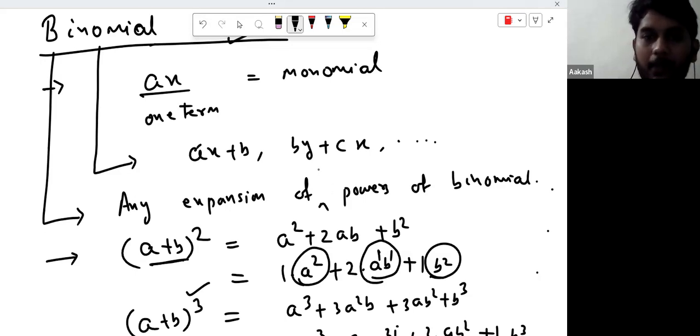You can write integral powers. You can only take integral powers.